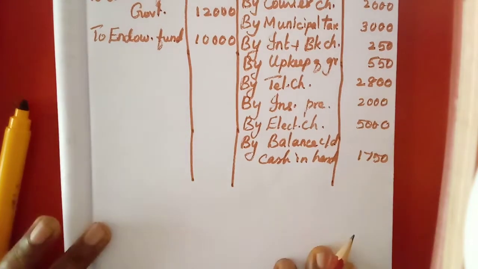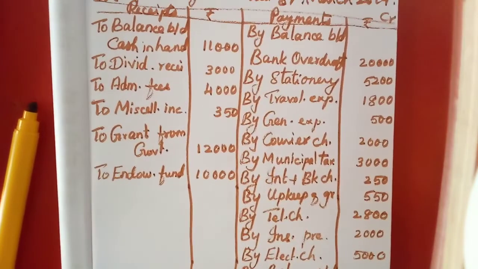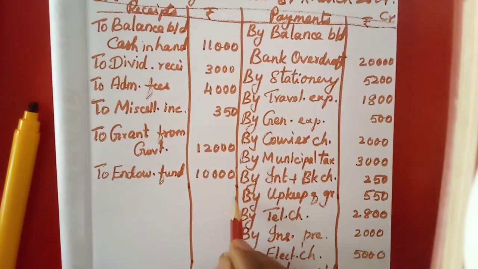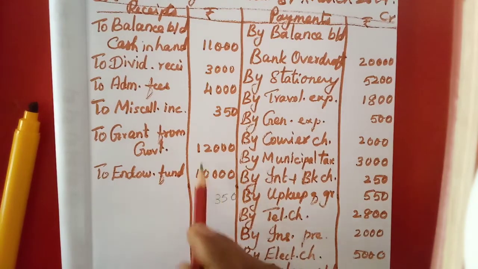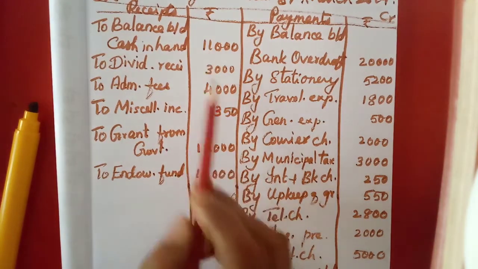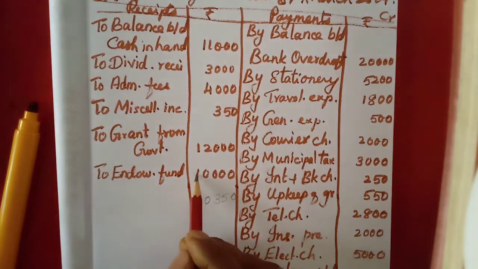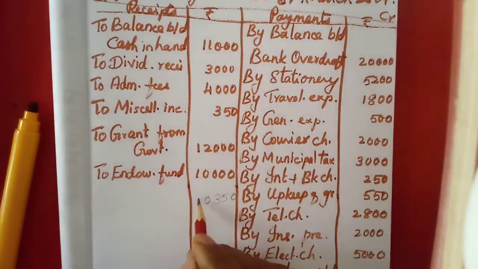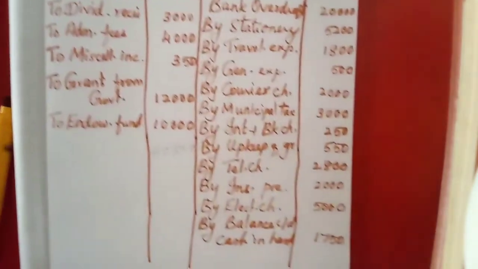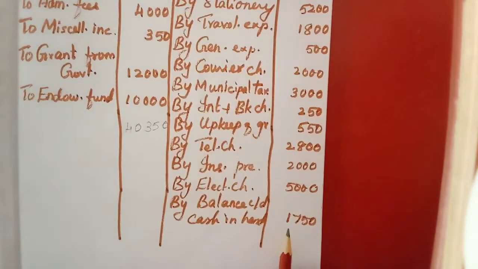For that, first we will add the debit side items. 0, 5, 3, then the fourth digit 4, 8, 10, balance 1, 2, 3, 4. 40,350.